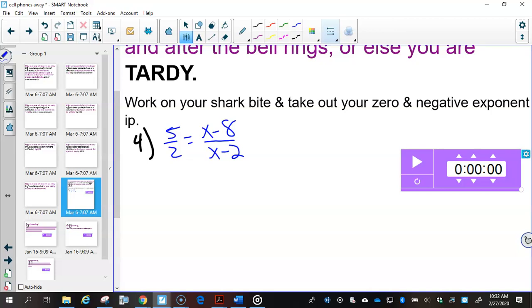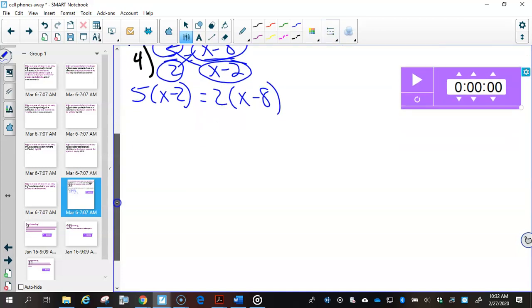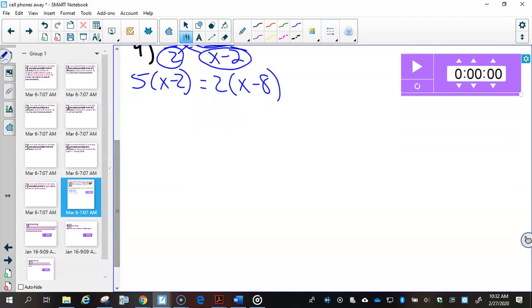How do we start solving this? Cross multiply. Take this numerator, multiply it to this denominator, and vice versa. Does not matter which side you put on which. 5x minus 2 equals 2 times x minus 8. And then how would we start solving this?